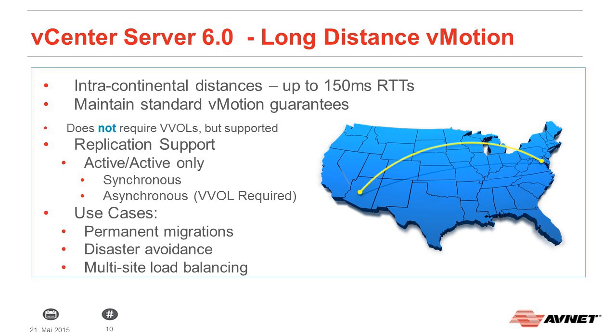And obviously the concept of a permanent migration is probably the most common thing that we think about. Then I've heard folks talk about using this to do multi-site load balancing. As you begin to reach capacity limits in the Phoenix data center, we might move it to the New York data center or something like that. And then, of course, this middle option is disaster avoidance.